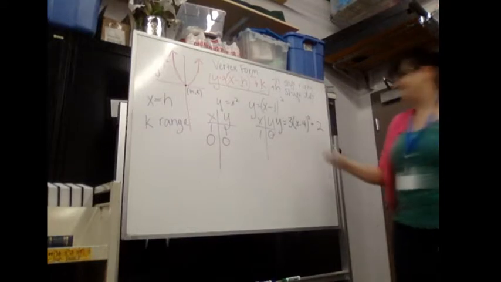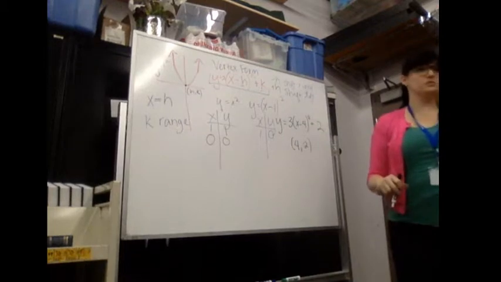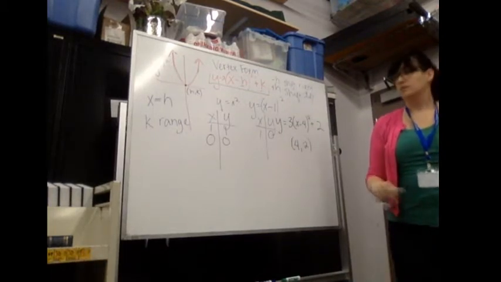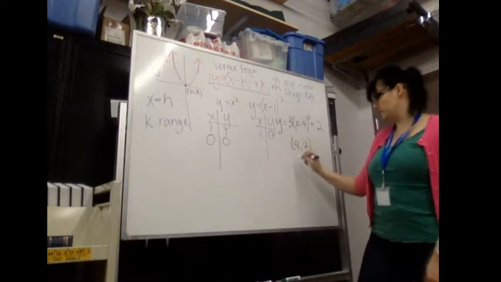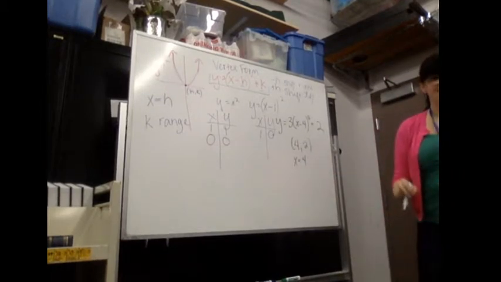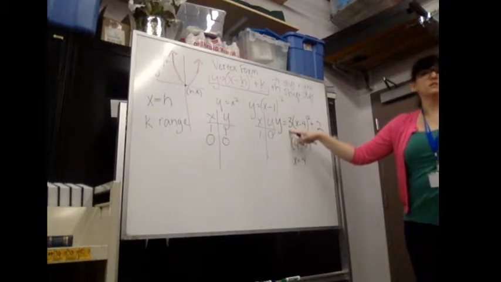Yes! Nice job, Tori! What's the axis of symmetry? X equals 4. Absolutely. Is this positive or negative? Positive. Right.